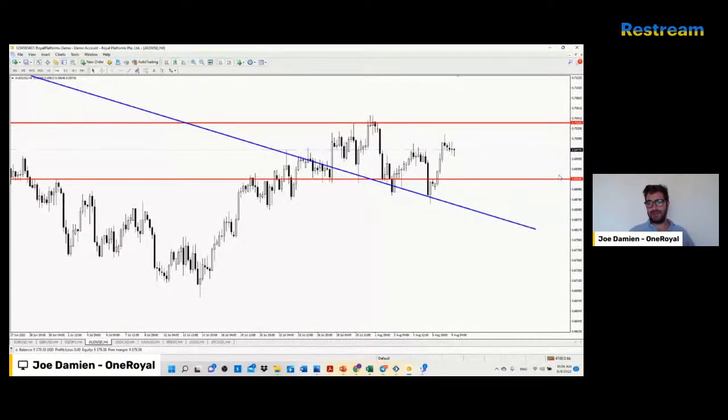So what's next? We have a test of the lower end of this channel, so most probably the market will go all the way up to test the 0.7. As you can see, this is a correction. So impulse, correction, and then a new impulse to 0.7. This is a short-term analysis.